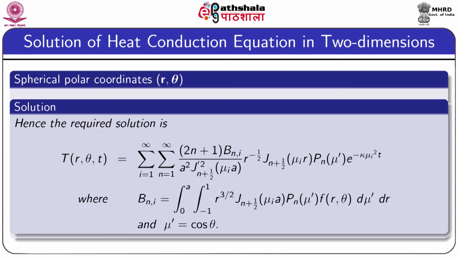So here we have just substituted the values of a_ni, and we have defined the variable b_ni in this way. The expression for b_ni is written here, and in this expression μ' is cos θ. So this is our final or the required solution for the given problem.